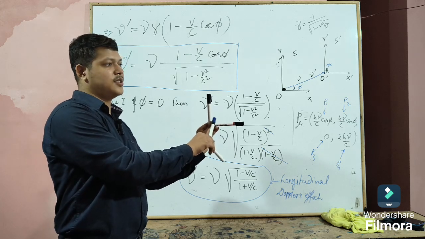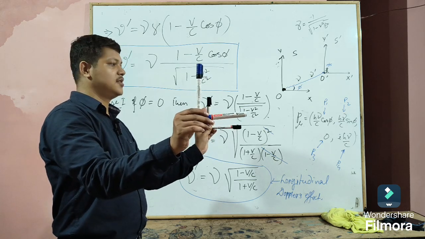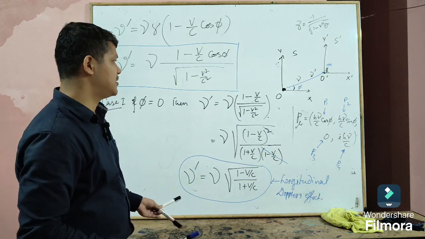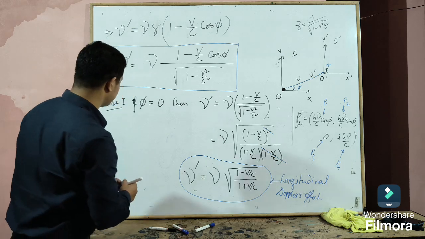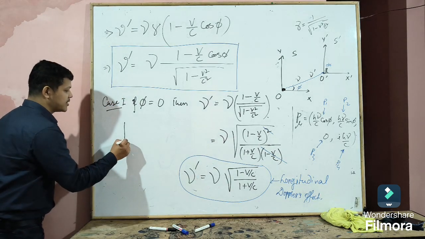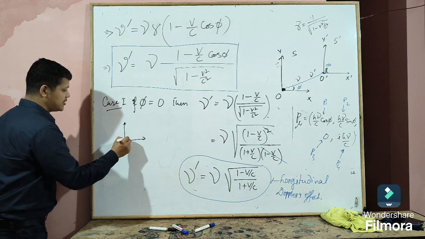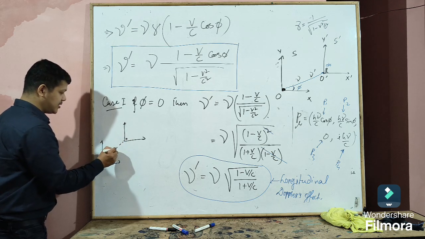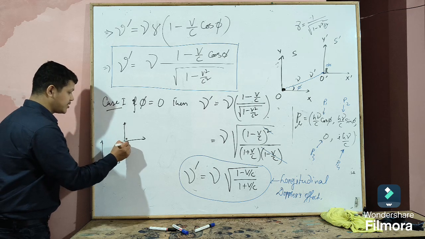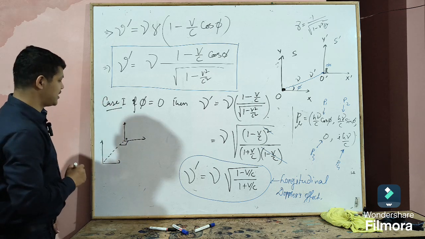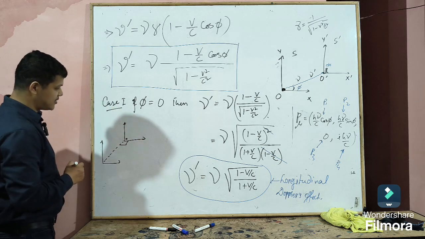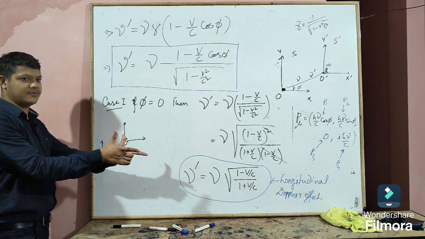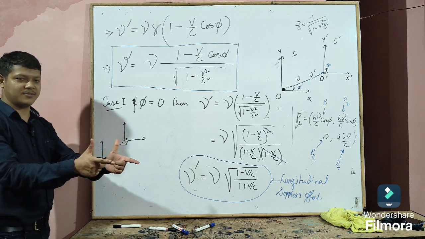For the observer looking at this frame, this angle will be 90 degrees. This is the frame, here is the source, and here is the observer. This is the light, and this angle is now 90 degrees. Hope you can get what I am saying.